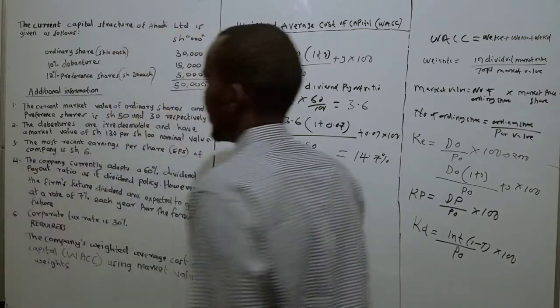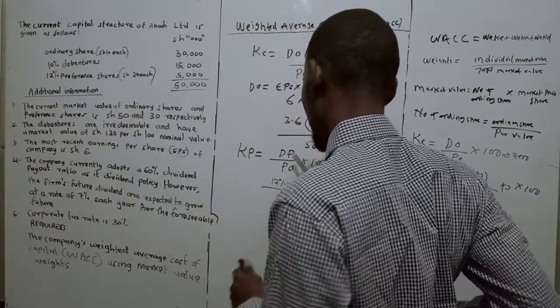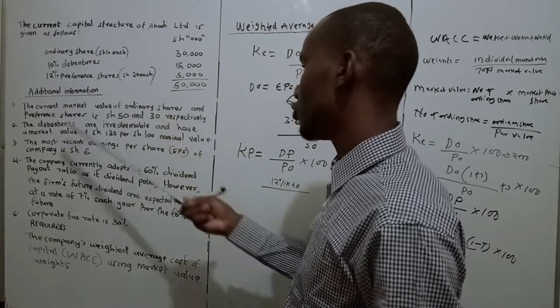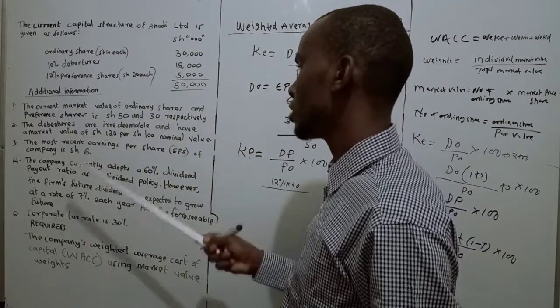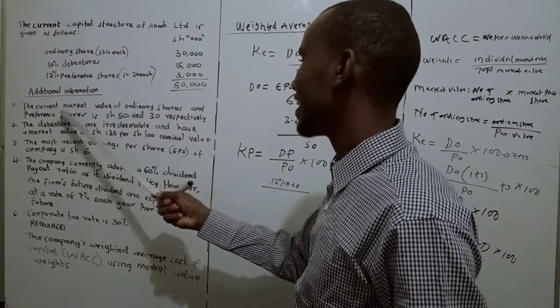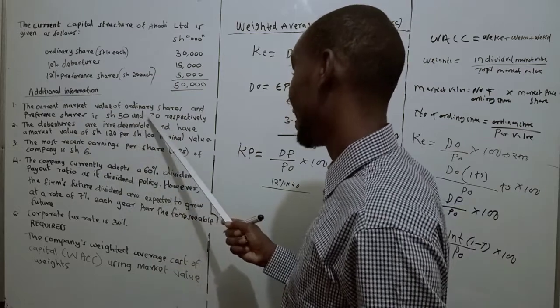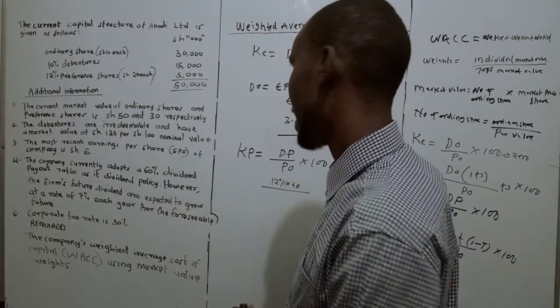Then the market value of the preference share is 30. From additional information number 1, we are told the current market values of ordinary share and preference share are 50 and 30, so 30 is for preference share.